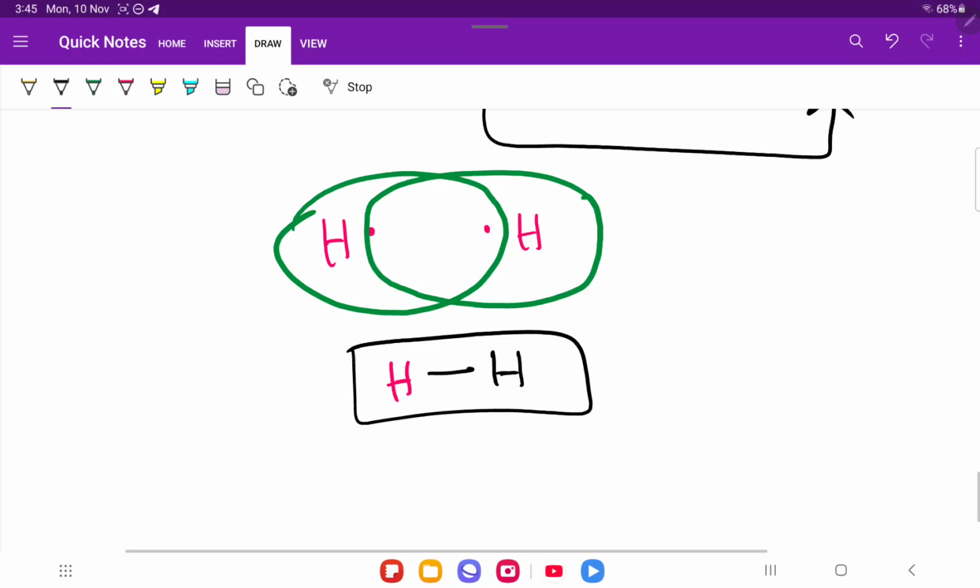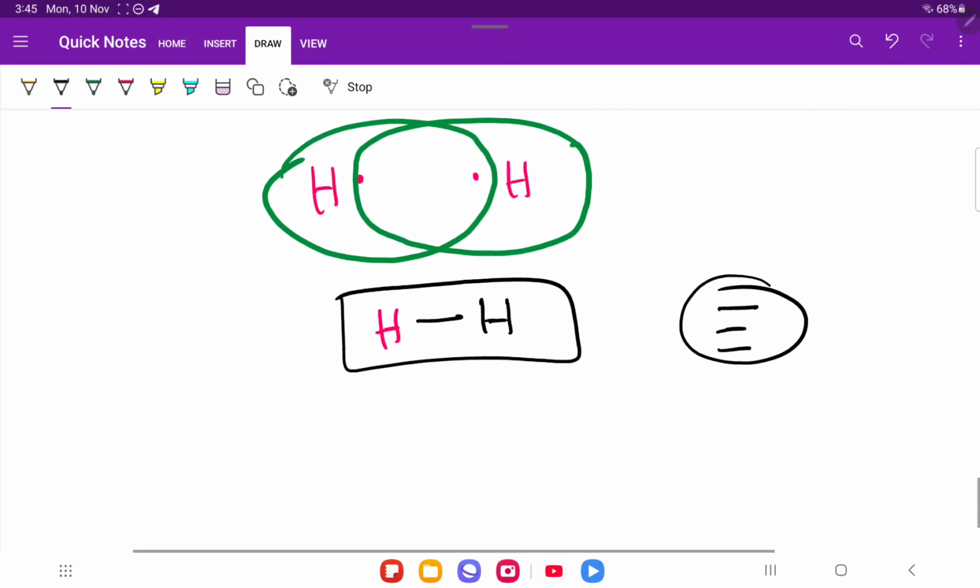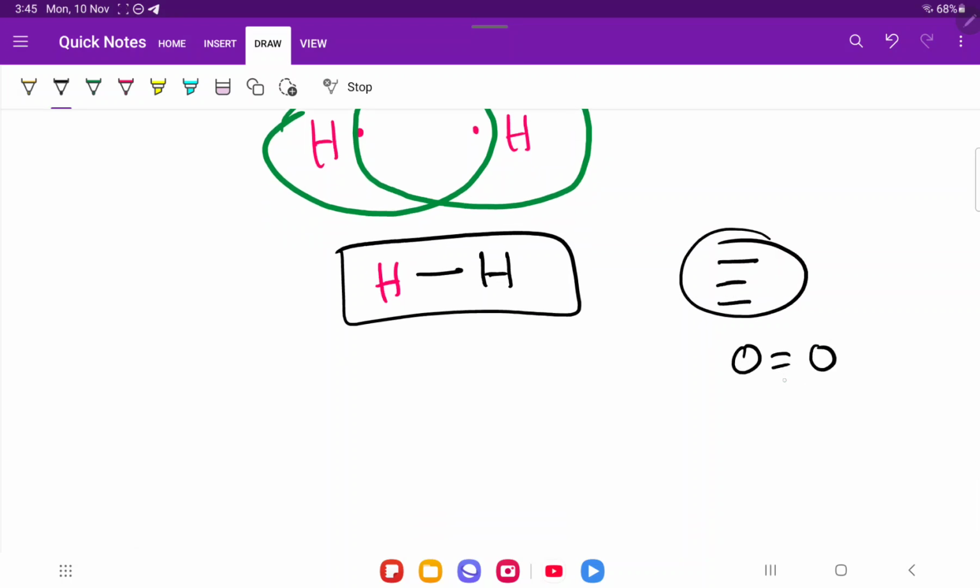This bond can be 1, 2, or in some cases 3. In the case of oxygen you will see it is 2. According to the number of lines, we decide whether it is a single, double, or triple covalent bond.